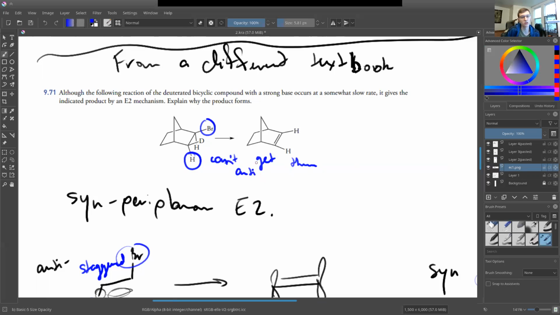There's just not enough wiggle room for that to happen. So instead, as much as it sucks to do it, we have to do a syn E2 instead. So we have to take off the deuterium.